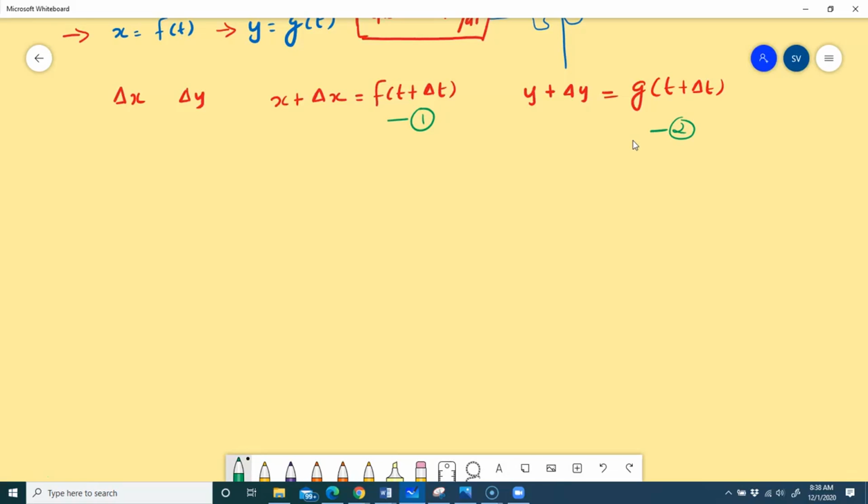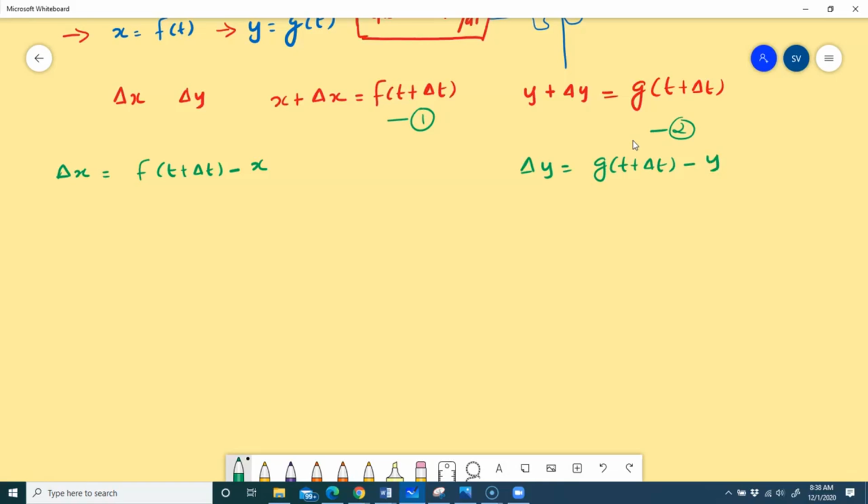From equation 1, delta x is equal to f of t plus delta t minus x, and from equation 2, delta y is equal to g of t plus delta t minus y.